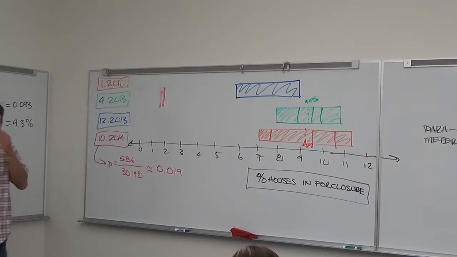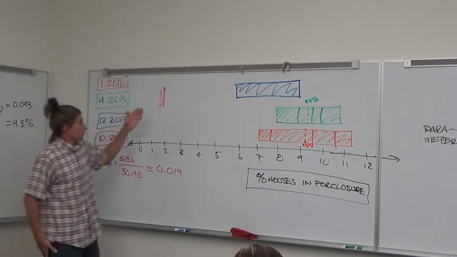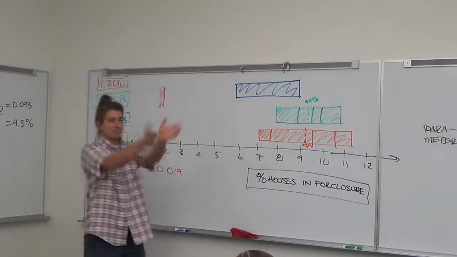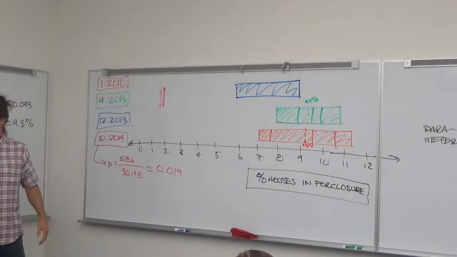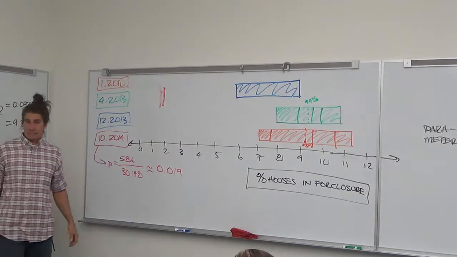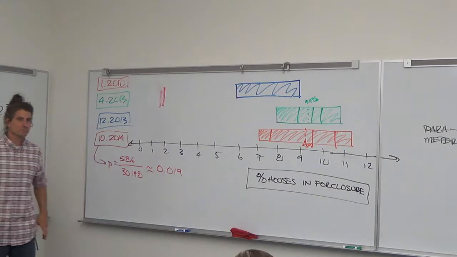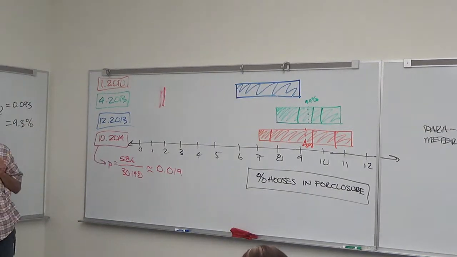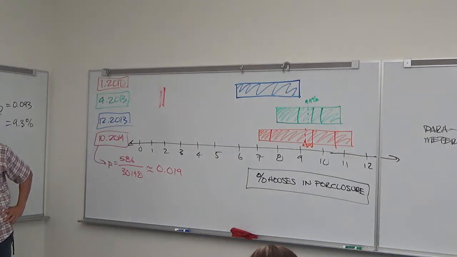The question I have now is, it's much lower than Bend's. Love that. Perfect. My question is, how much lower? For example, how much lower is it now than it was in December of 2013?